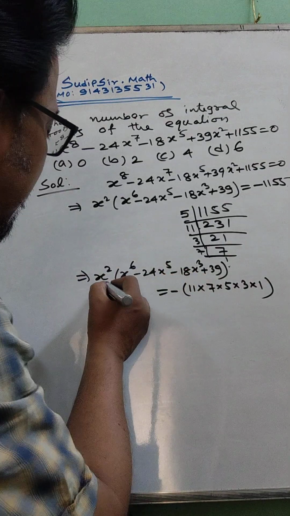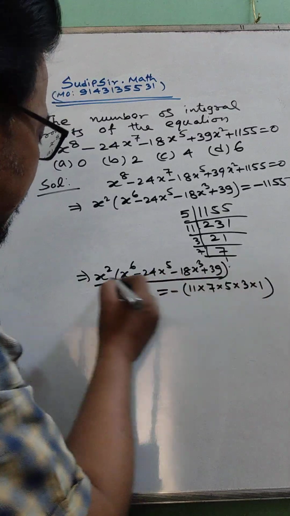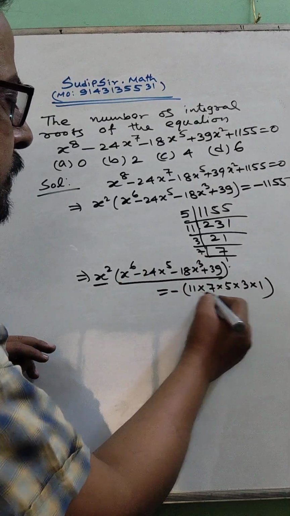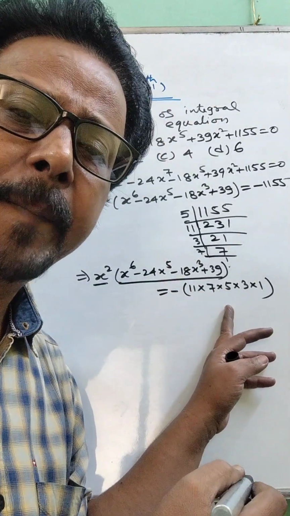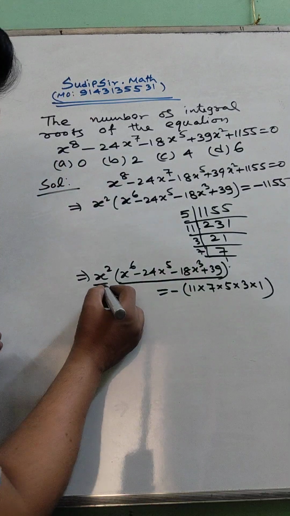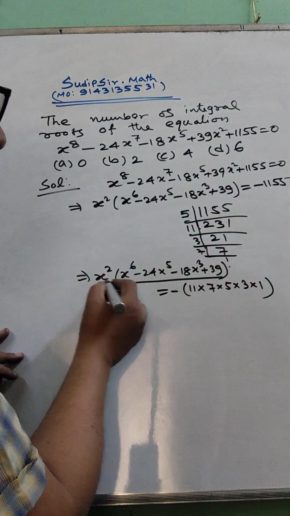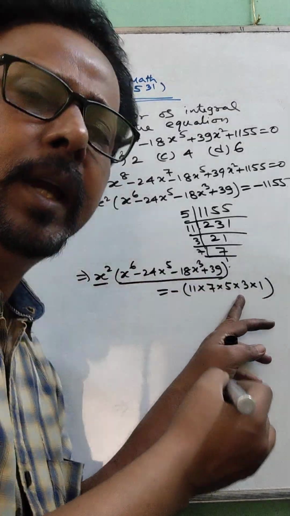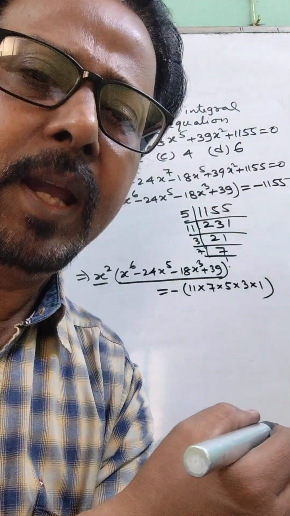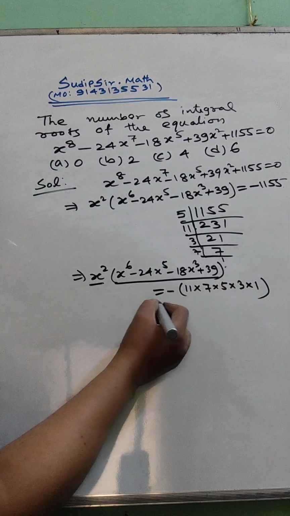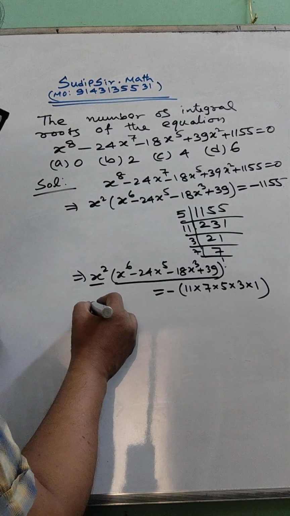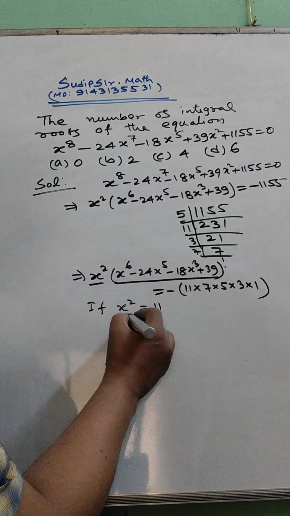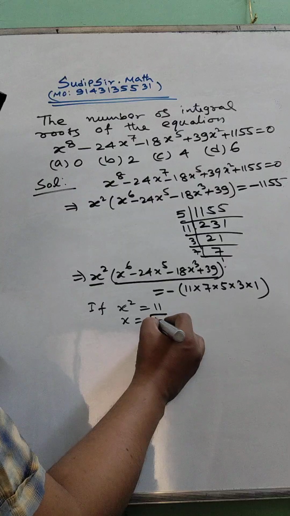Now since the product of these two equals this, and these are all prime, any one of the values of x square must be one of these. Now check if x square equal to 11, then x equal to root 11.